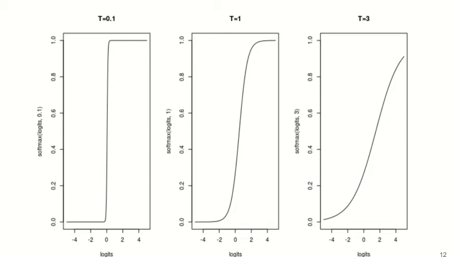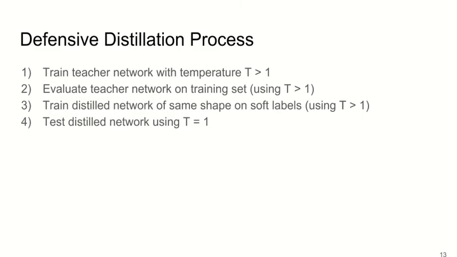Now we're ready to talk about defensive distillation. So how does it work? First, we train a teacher network, and this temperature should be greater than 1. What does it do? If the temperature is greater than 1, as we've just seen, the outputs of the softmax function become more uniformly distributed. Then we apply this teacher network on the training set, yielding new labels, and these are soft labels.